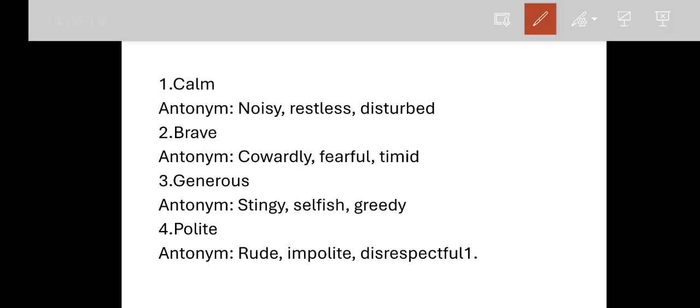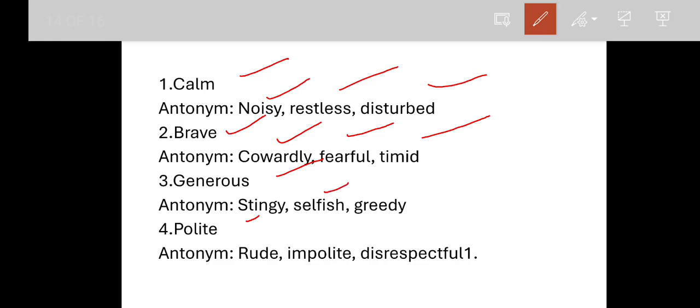Now the first word is calm. Opposite words are noisy, restless, disturbed. Brave. Opposite words are cowardly, fearful, timid. Generous means stingy, selfish or greedy. Fourth word is polite. Opposite words are rude, impolite or disrespectful.